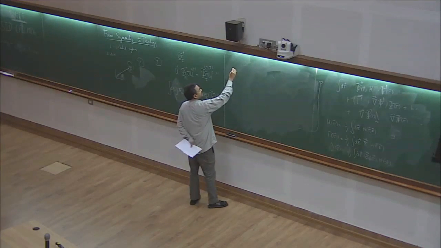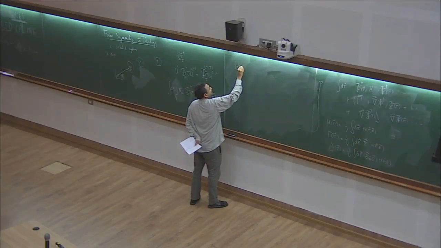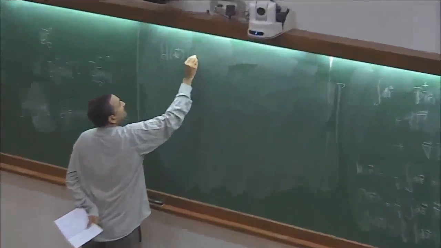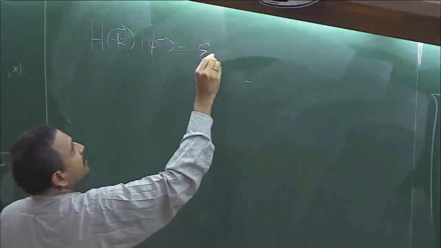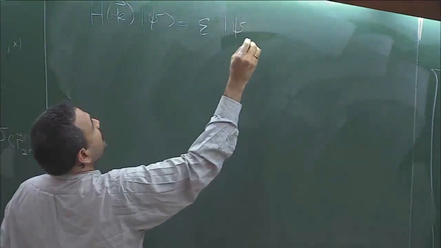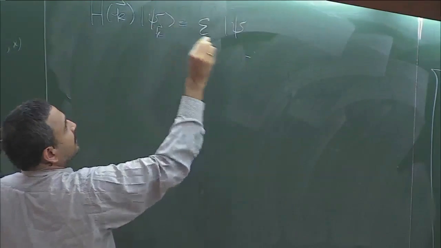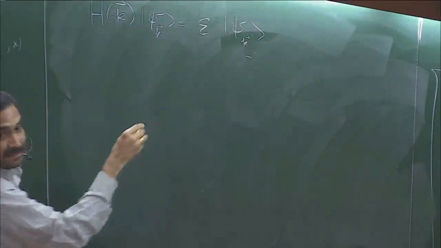So for example, if I solve this problem, the result will be L bands. Whether it's continuum or lattice, it doesn't matter. You'll get L bands out of this.